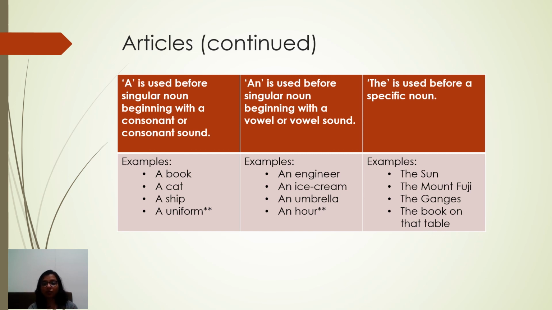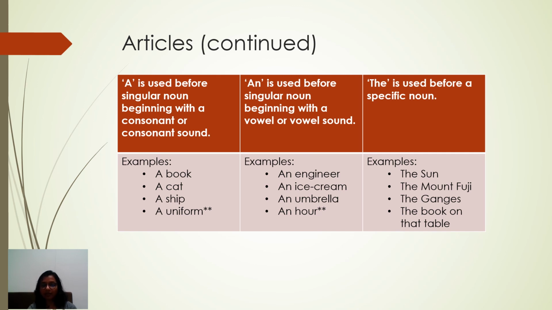An is used before singular noun either beginning with a vowel or vowel sound. Example, an engineer, an ice cream, an umbrella. Now here if you see, umbrella also begins with U, but the sound that comes out of it is a vowel sound and hence we use an.